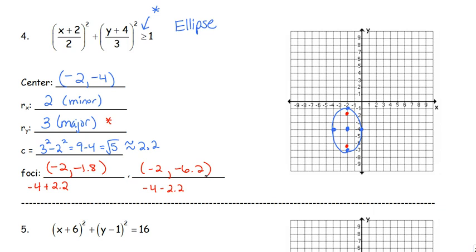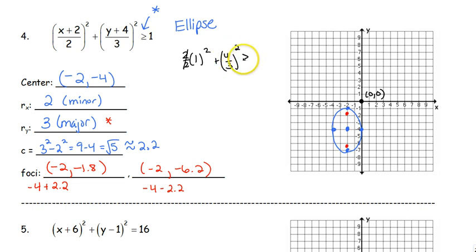And then our last step is our shading, because we have an inequality. You don't shade unless there's an inequality. I always use my test point of 0, 0. I go to plug that in. 0 plus 2 gives me 2 over 2, which is just 1 squared, plus 4/3 squared.